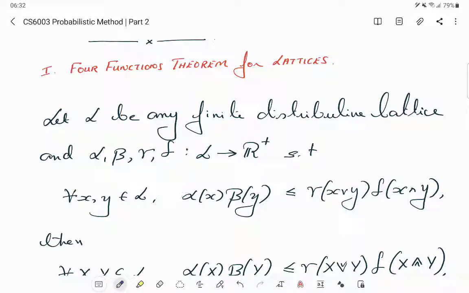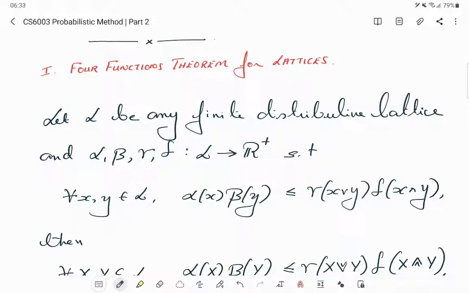The relation is alpha of x times beta of y is less than or equal to gamma of x join y times delta of x meet y.